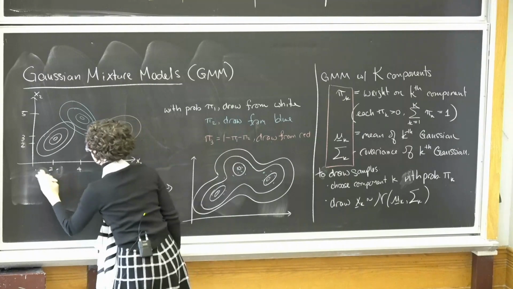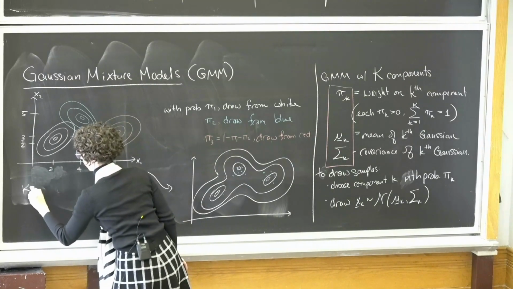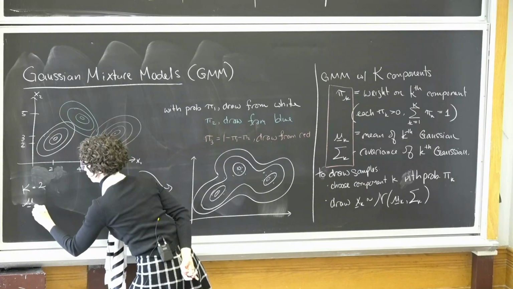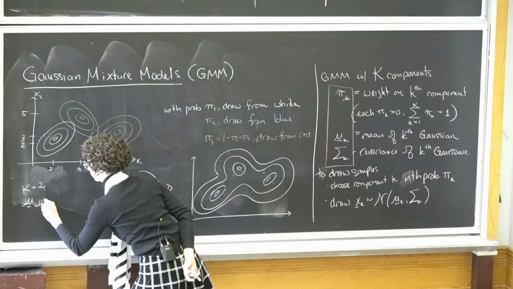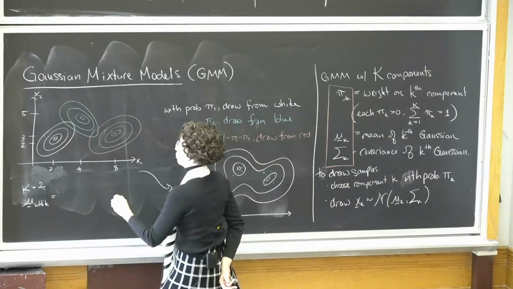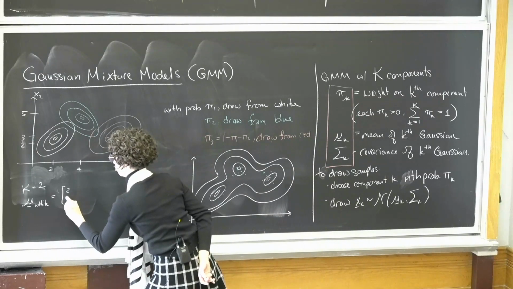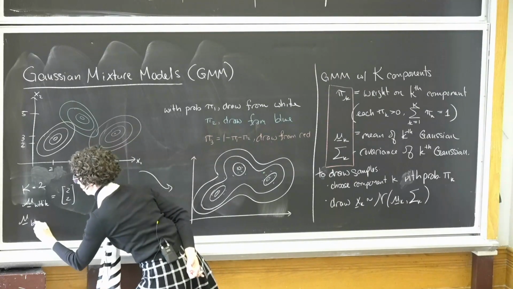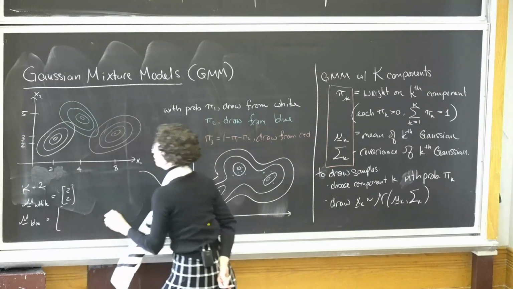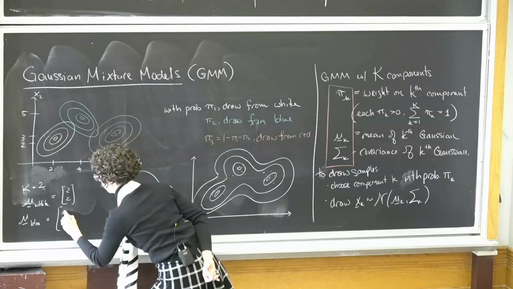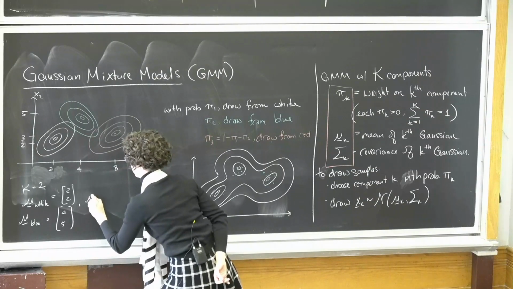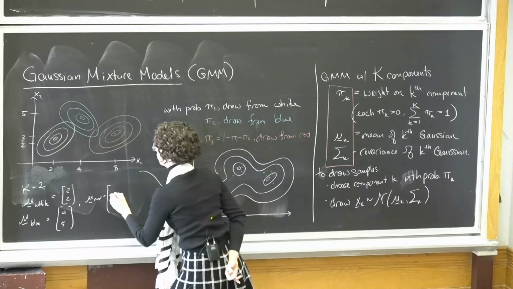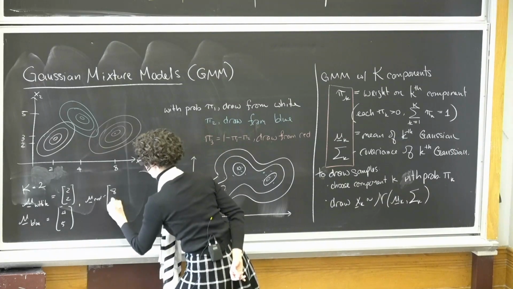Then we would have mu white equal to (2, 2), mu blue in this example equal to (4, 5), and mu red in this example equal to (8, 3).